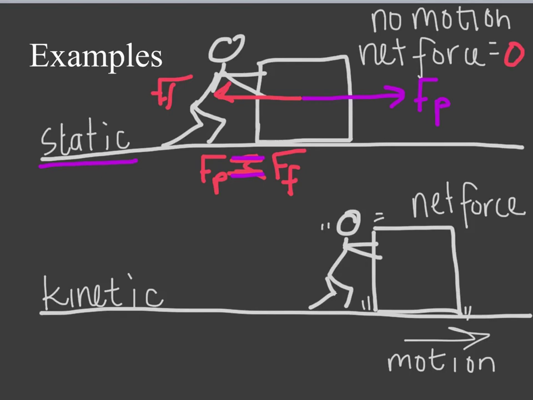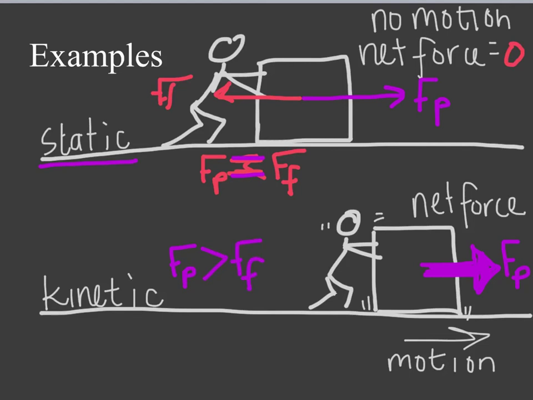But eventually, if you push hard enough, or if you push strongly enough, or maybe you get a friend to help you, then suddenly your pushing force might get really big. I'm going to draw a big, thick arrow to help us remember that. So now our force of pushing becomes greater than our force of friction.